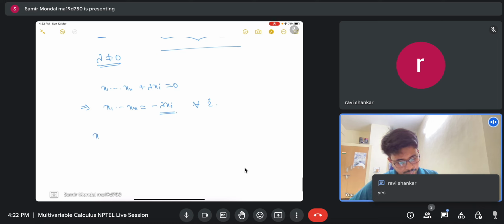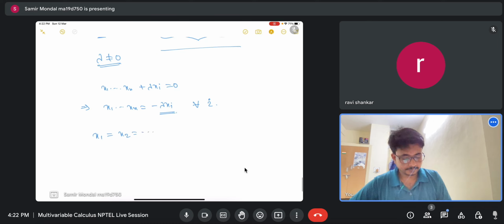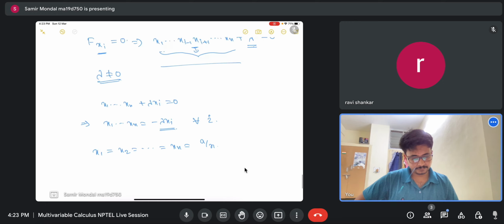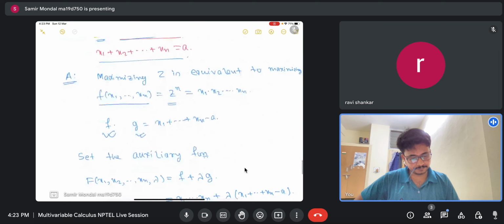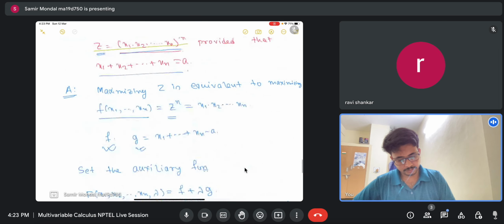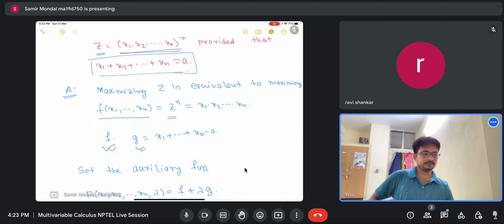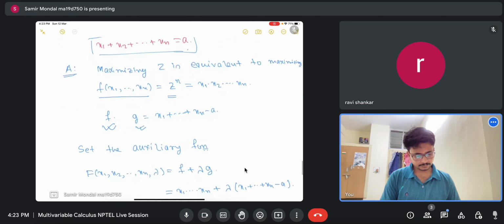From here, what can we conclude? This condition is here, and we have to use this one: x1 plus x2 plus up to xn equal to a.